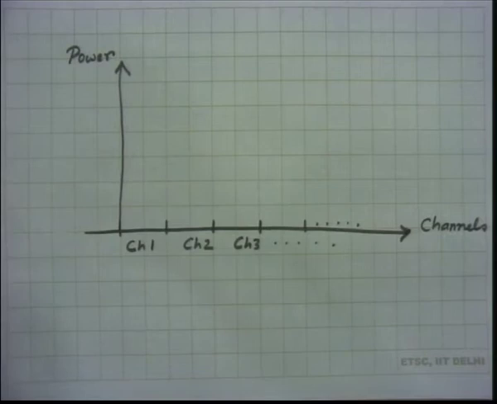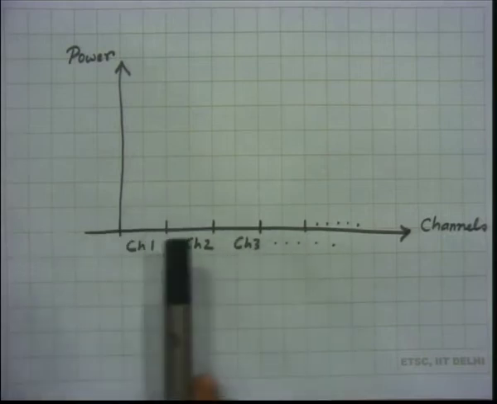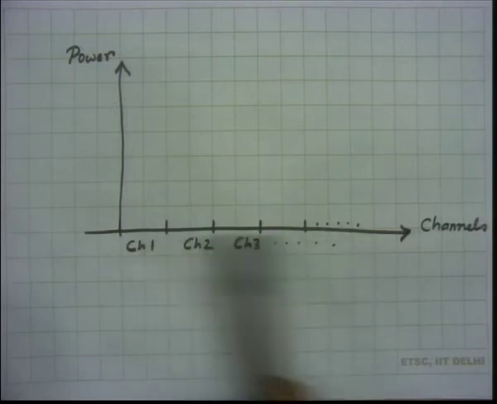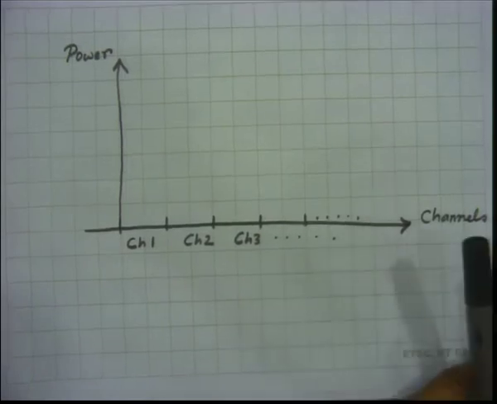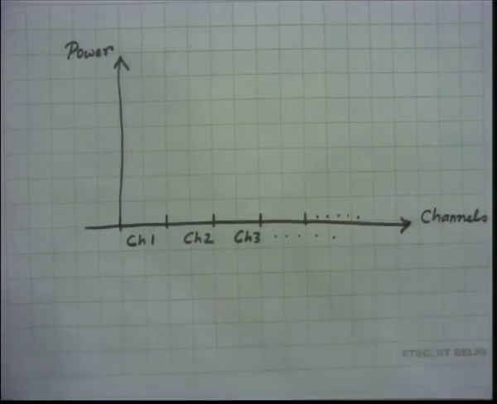The problem is that channels may not be the same. By now all of you appreciate the fact that we have multiple channels between the transmitter and receiver. The aim is to maximize the mutual information, and we have said that the channel is known to the transmitter.